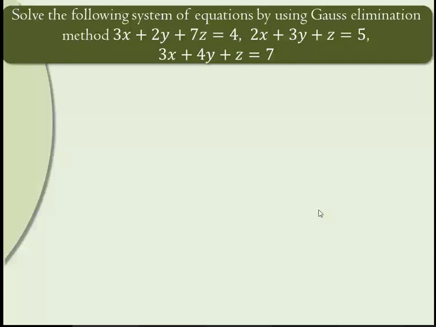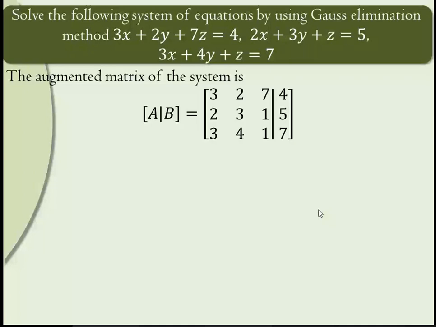So again, first write the augmented matrix from the system of equations. In first column, all the coefficients of x term. Second column will be the coefficients of y from all the equations. Then coefficient of z from all these equations. And on this side, all the constant terms 4, 5, 7.